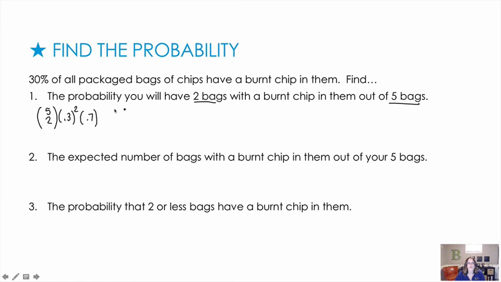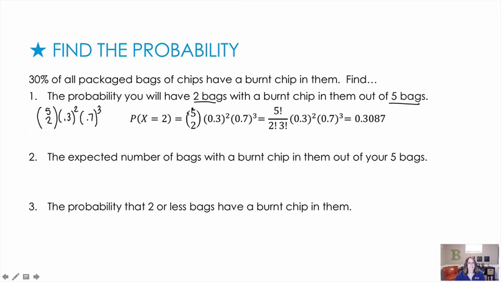And out of the 5, of course, there's 3 of those, because these have to add up to 5. So the probability then is just me finding that value, which is 0.3087. So the probability that 2 out of 5 bags will have a burnt chip in them would be 30.87%.